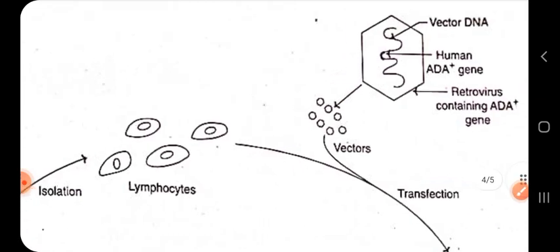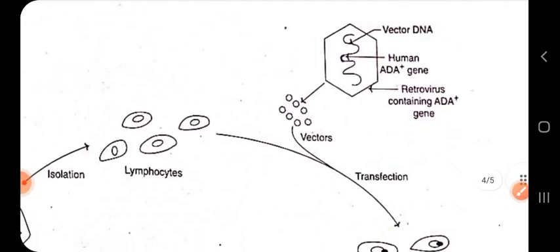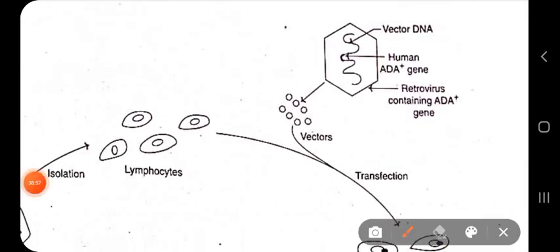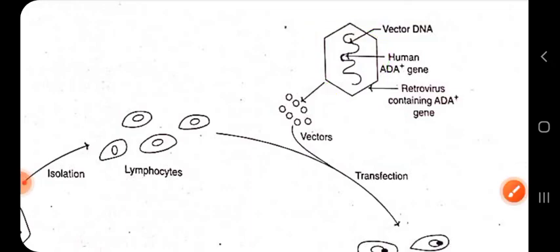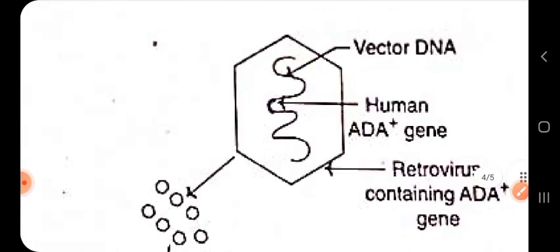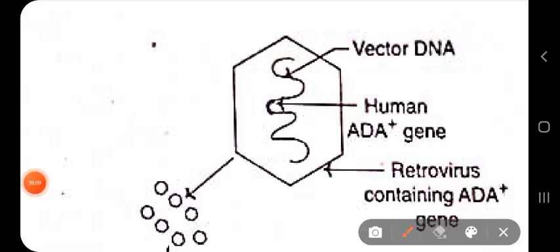Then we use certain vectors here. They use a retrovirus as a vector. If I zoom in, you can see that within the vector DNA we have introduced the normal ADA gene, incorporated within the virus vector.